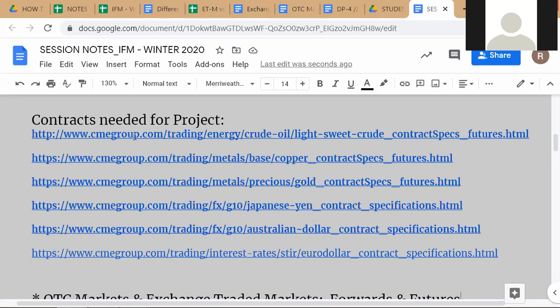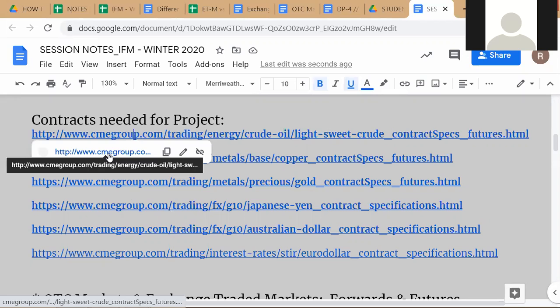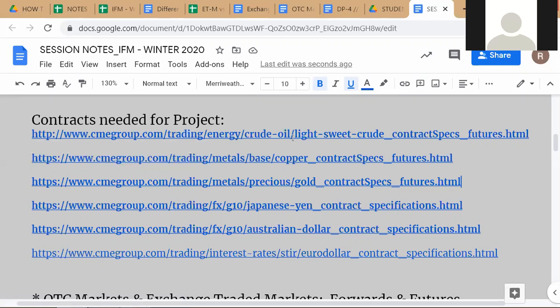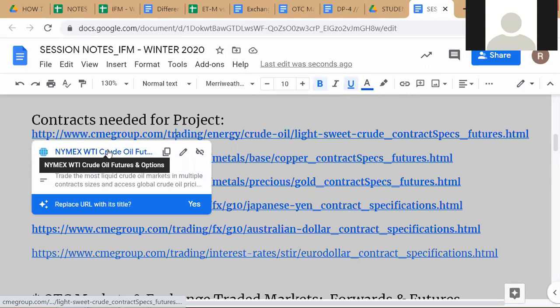So if you open, these are all contract specs, but you can also look at the quotes. I would recommend that you go through this exercise. We will have the discussion on the case later on, but you should already start familiarizing yourself because it's going to be new material for you, getting used to the new markets.